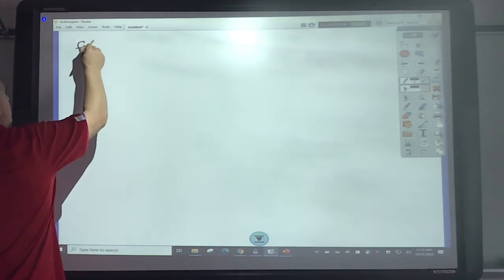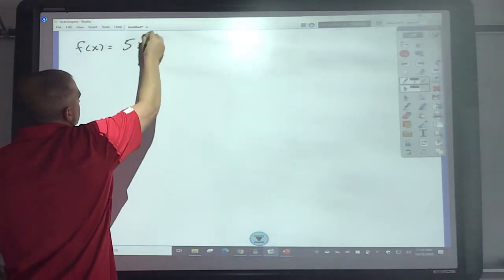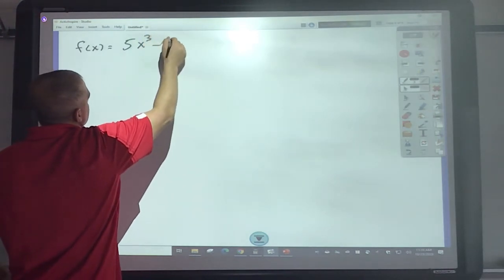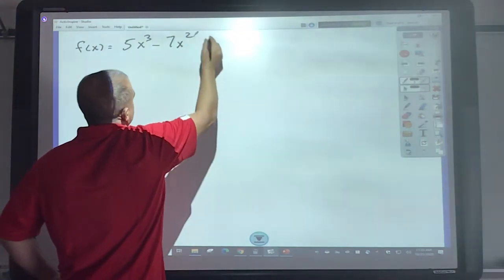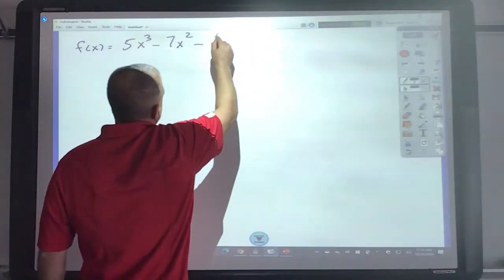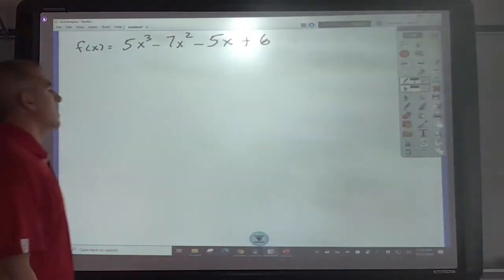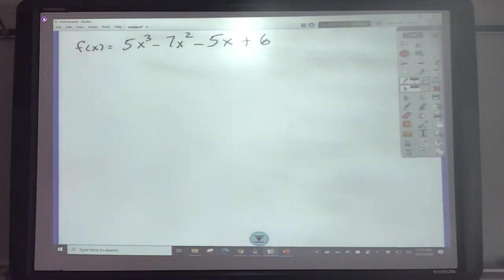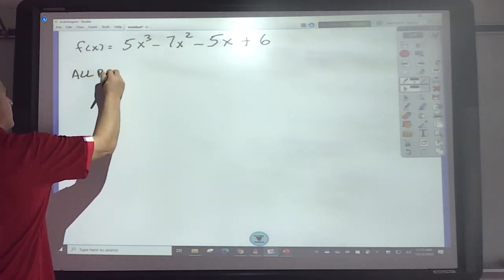Let's say this were my function: 5x cubed minus, let's say 7x squared, let's say minus 5x plus 6. Okay? So here's what we're going to find. We're going to find all the possible zeros.